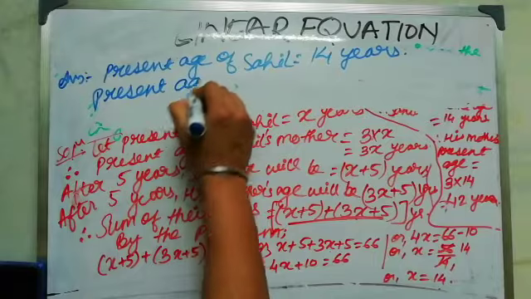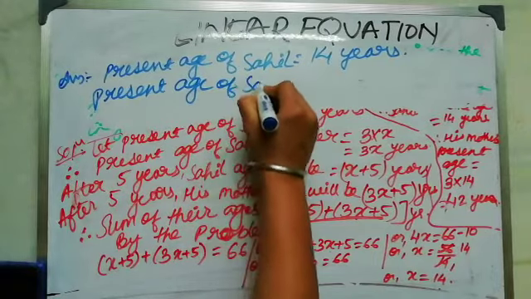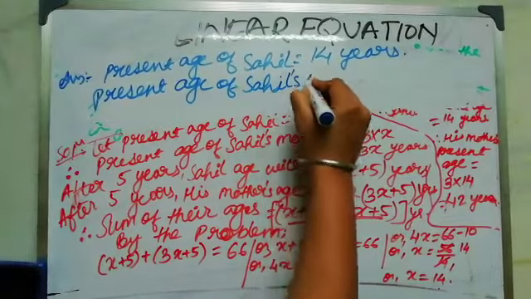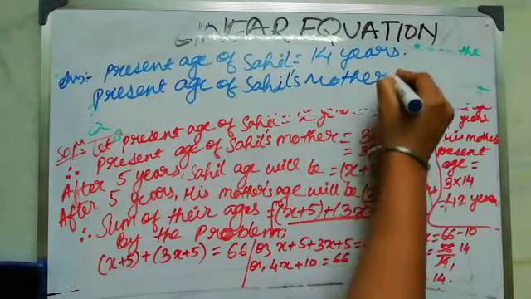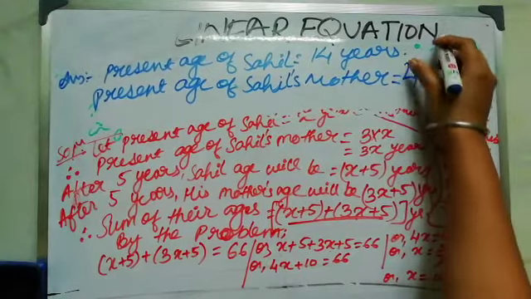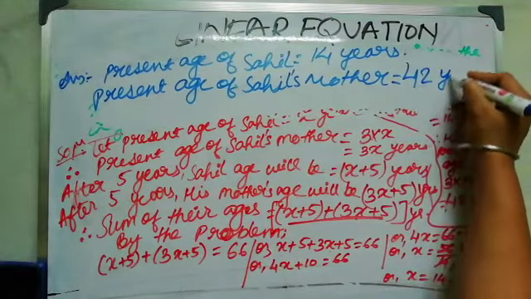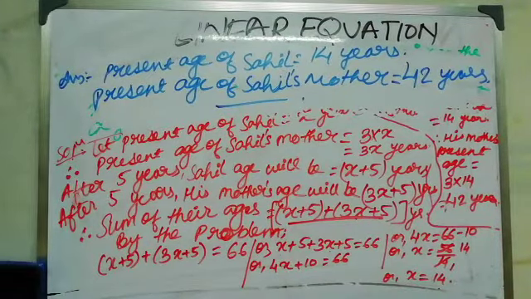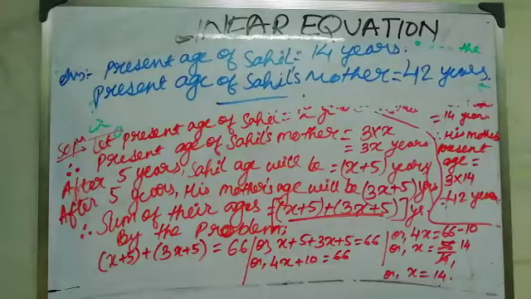Present age of Sahil's mother is equal to 42 years. Hope this sum was clear to all my learners. Fine. Then we'll quickly move to the next question.